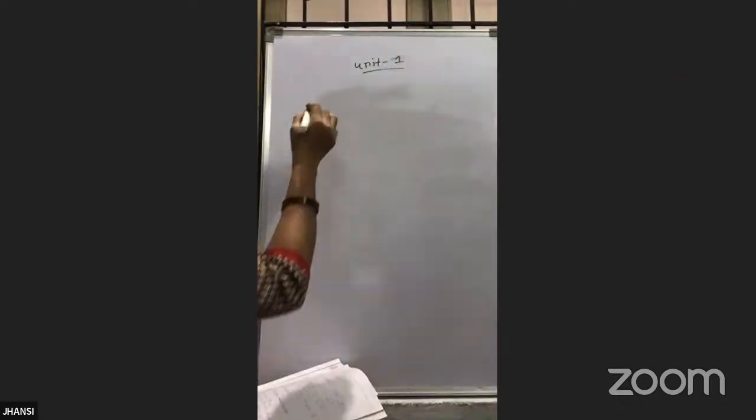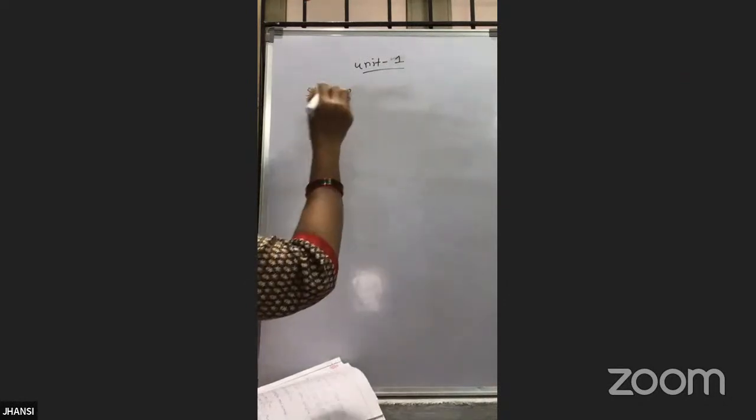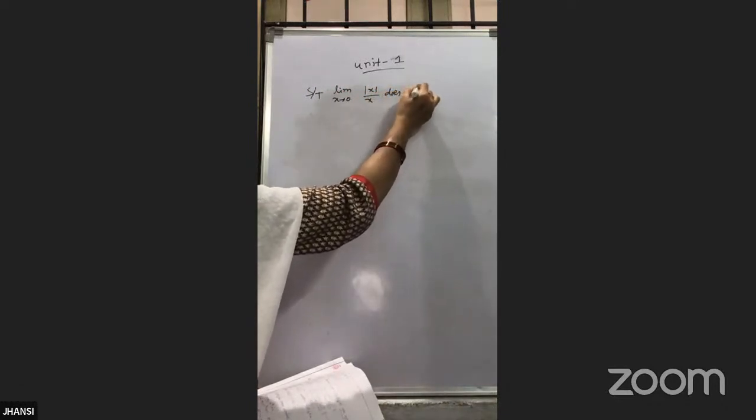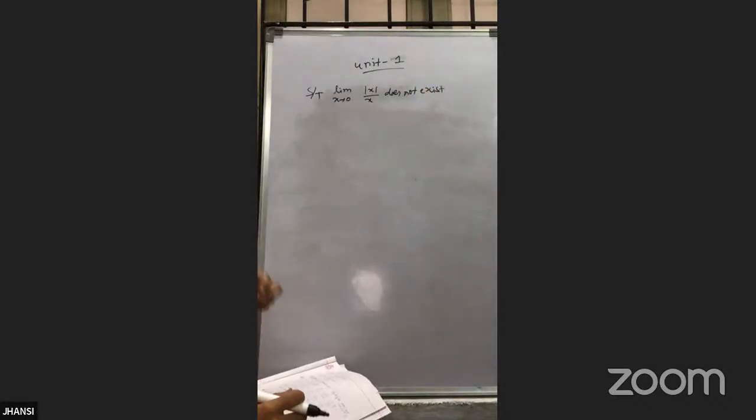So the question is, show that limit x tends to 0 of mod x by x does not exist.